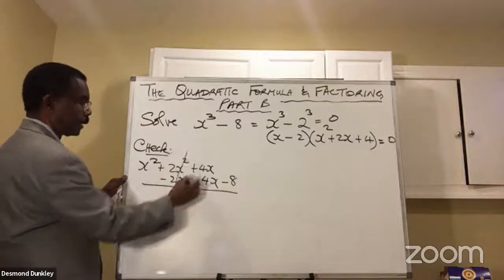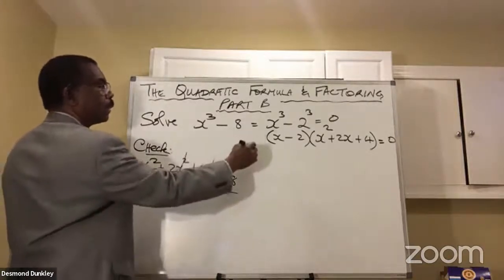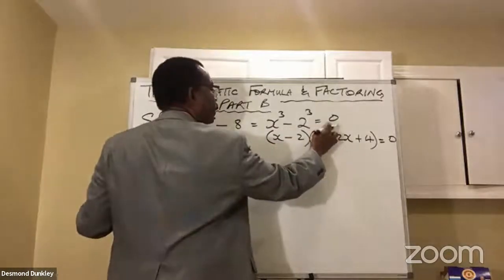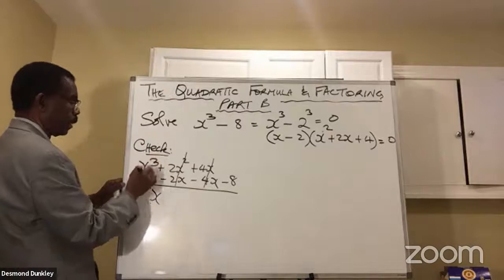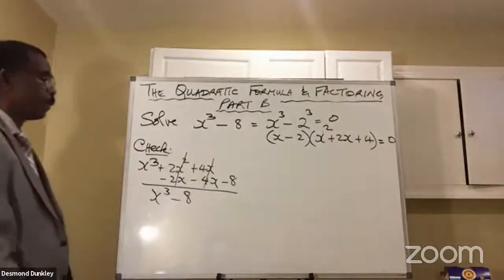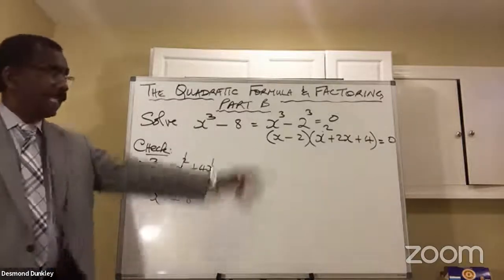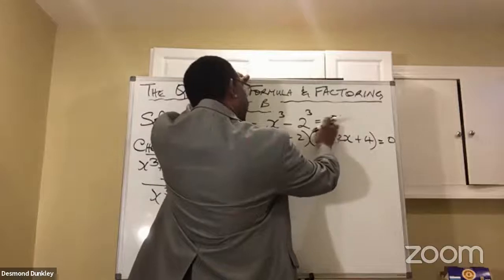Simplify this, cancels this. So we end up with x, sorry, x times, this is supposed to be x squared. There's a square. So this gives me x cubed. So we know that it works. We know that that's the correct factorization. Let me put this properly. It's too high.